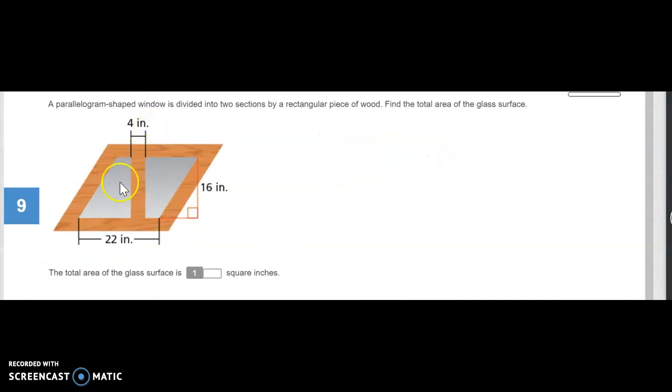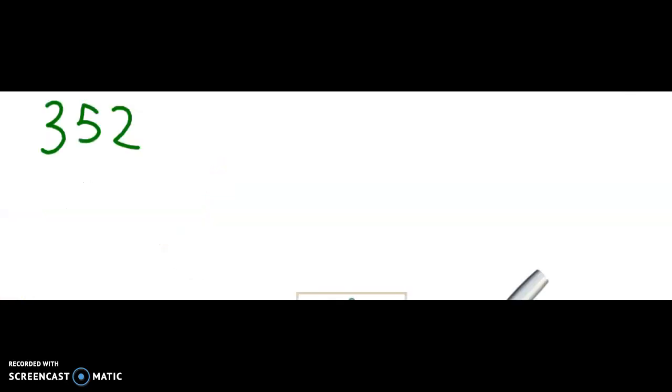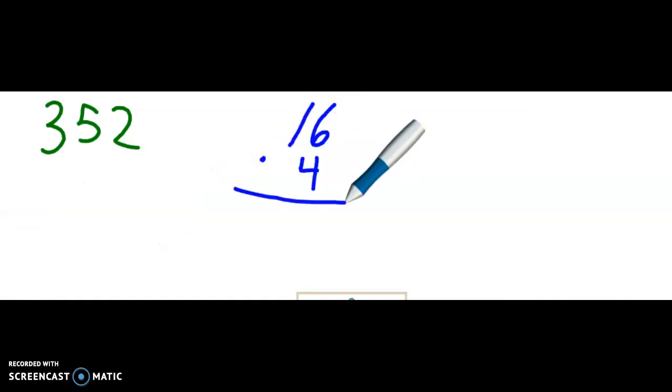So what I've done is I've multiplied 22 times 16 and I found the entire area. But what I haven't done yet is take out that 4 times 16, that portion right here, and subtract it from the entire area. So now I have to multiply my 4 times 16. 4 times 6 is 24.